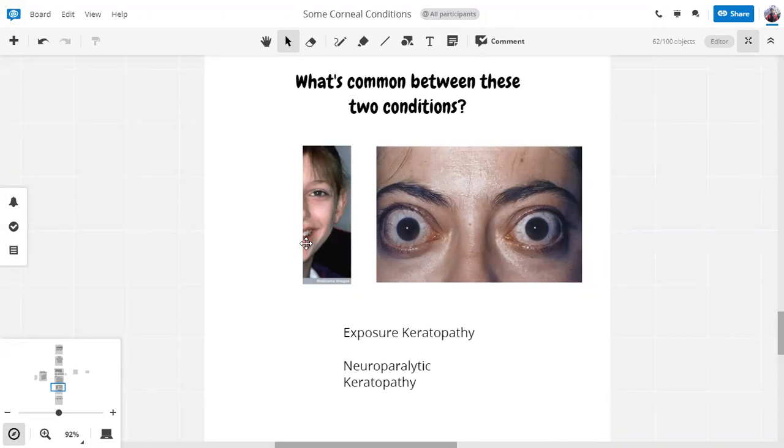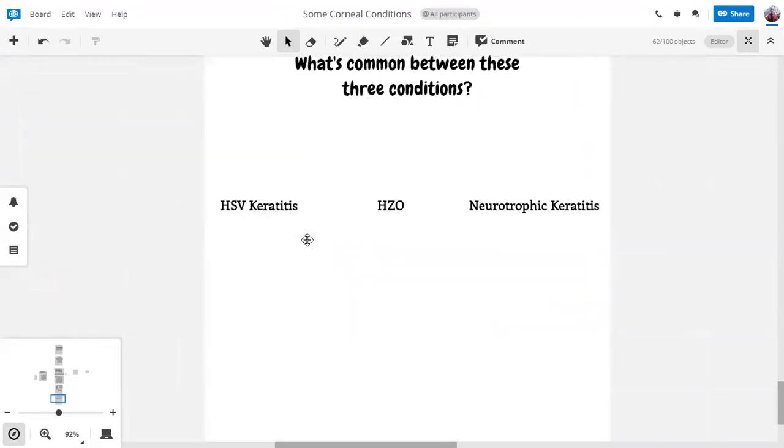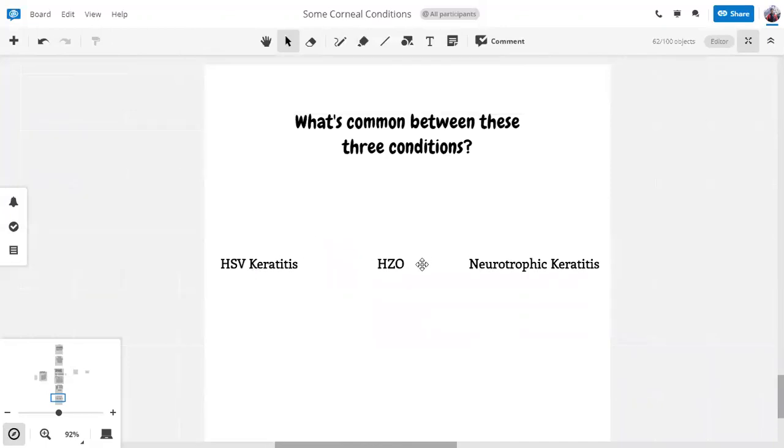So, keratopathy, neuroparalytic. Similarly, what is common between herpes simplex, herpes zoster, and neurotrophic keratitis? तीसरा नाम थोड़ा सा अजीब है, you haven't heard of this for the first time. But what is common between the two? नर्व्स इन्वॉल्व हो रही हैं. These both are viral and they involve nerves.